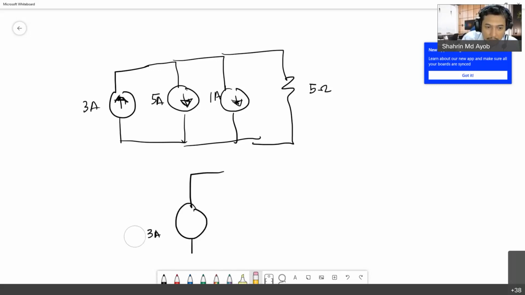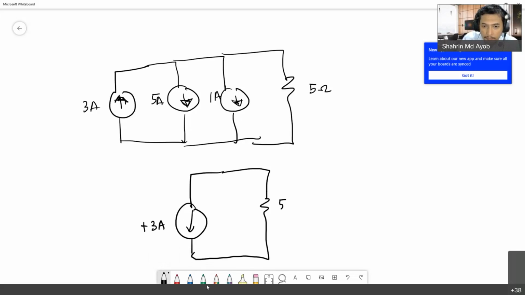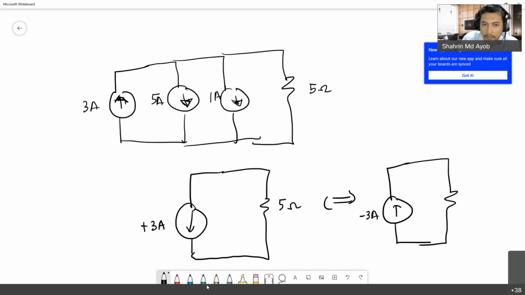So your value is negative 3 amperes with the direction going up, or you can write it as a positive value with the direction going down. You can use either, but the value is negative. This is the circuit after the simplification.